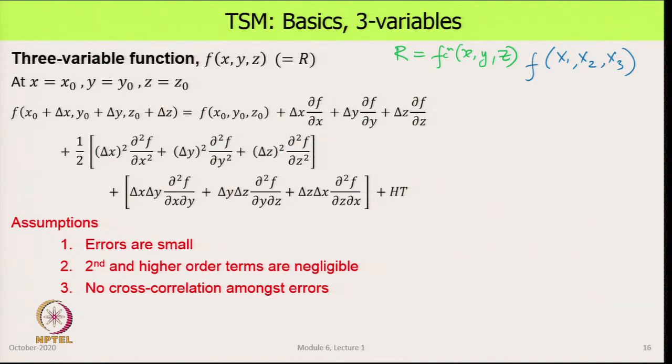And the point about which we are evaluating it is the mean point, which here is written as x0, y0, z0, or in our notation this is at x1 bar, x2 bar, x3 bar.